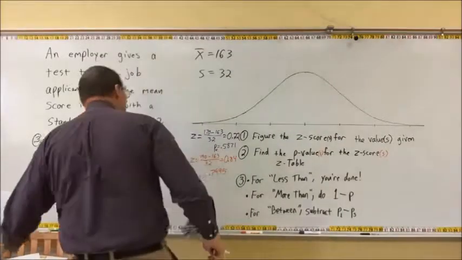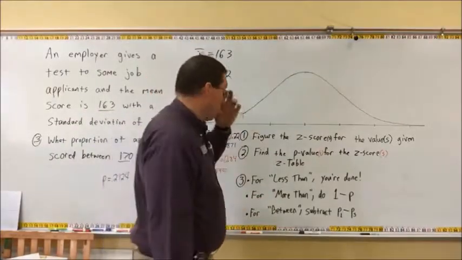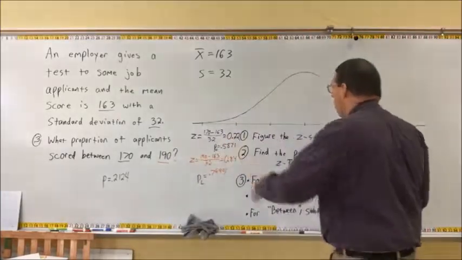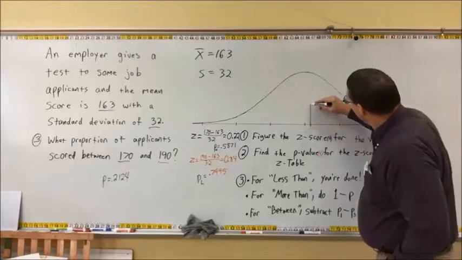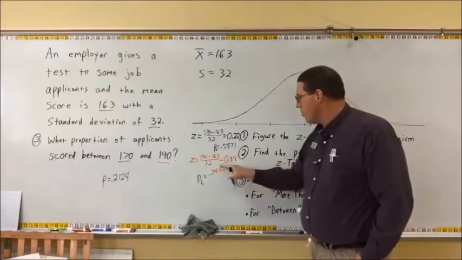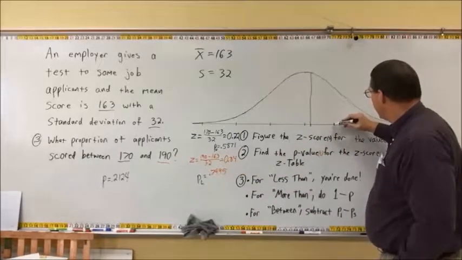Now let me show you what that means on this normal distribution curve. Watch this. The z-score of 0.22, that's right about here, let's say. Let's go all the way up here. And the z-score 0.84, well, that's probably right about here.